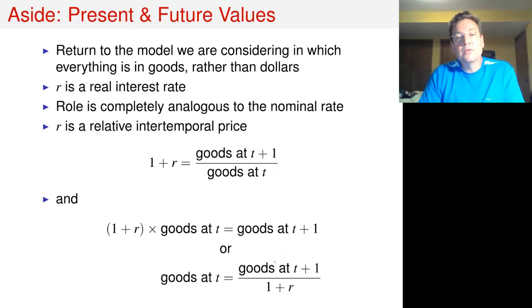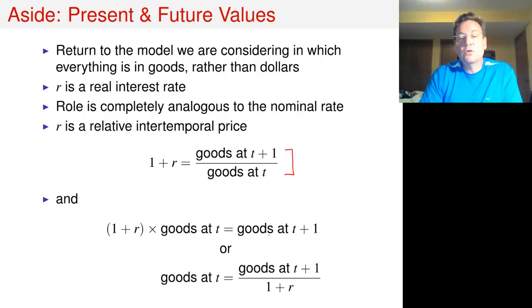Analogous considerations come into play when thinking about the real interest rate. The real interest rate is a relative intertemporal price, but in terms of goods. So 1 plus little r is in units of goods at t plus 1 over goods at t, or as I wrote before, goods in the future divided by goods today.